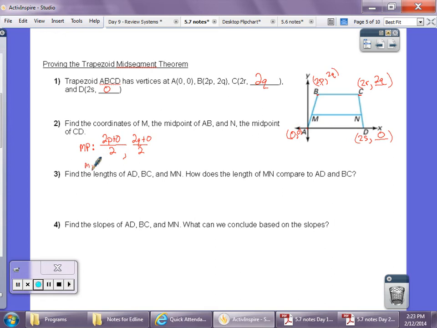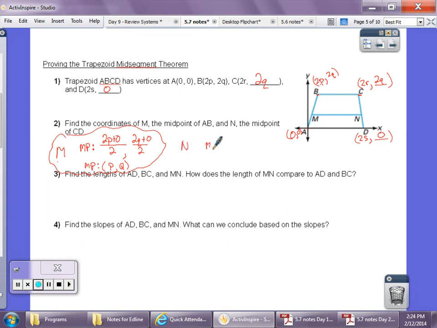So we know that the midpoint is going to be P, comma, Q. So that's the midpoint of AB, and this is M. And then this is going to be N.